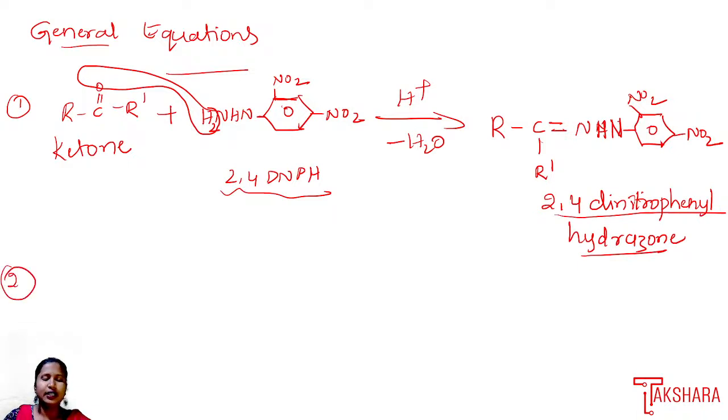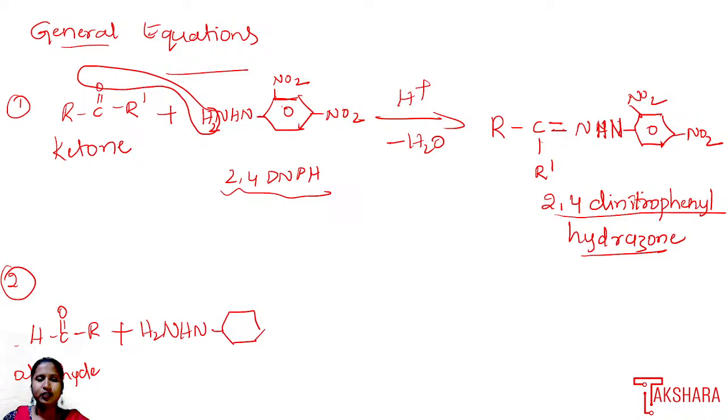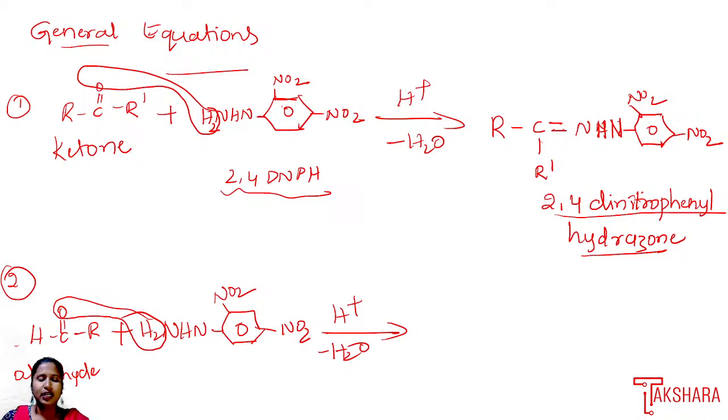Then let us consider the reaction for aldehyde. HC double bond O, R dash, let us take R, which is called an aldehyde. So when we treat the aldehyde with phenyl hydrazine, that is H2N, then HN and the phenyl ring, and here NO2 and here NO2, in the presence of an acidic medium H plus, the water molecule is going to be removed. So the product we get is HCR, double bond N, then again NH, then the phenyl ring, here NO2 group and here NO2 group.